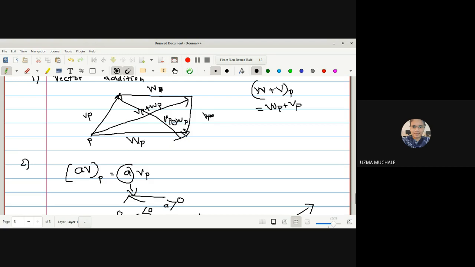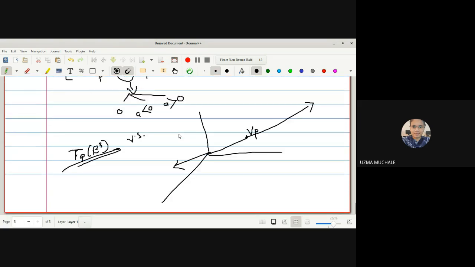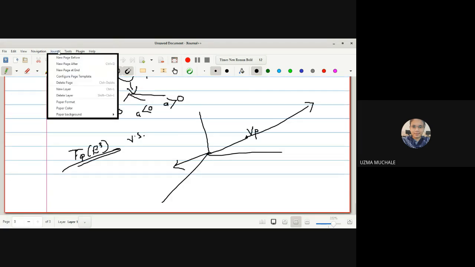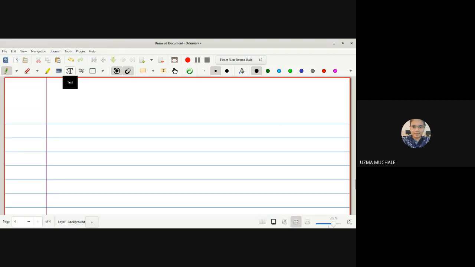Here WP is in this direction and here also in this direction, so that's why it is positive, but the second diagonal will give you the negative one. And you can see that under these two operations, whatever we have defined, it will satisfy all the properties of a vector space, and hence we can say TP of E3 is a tangent space. Okay.